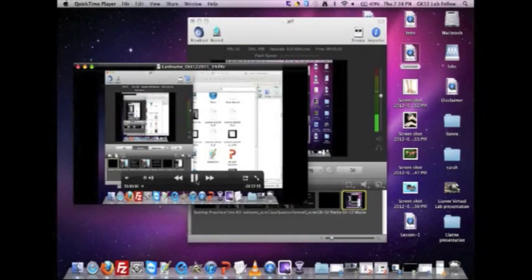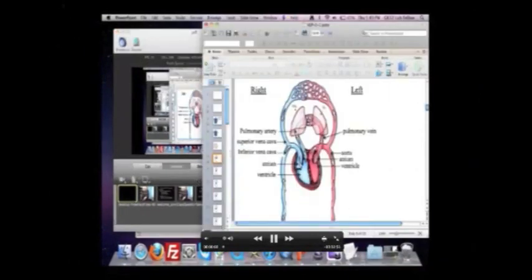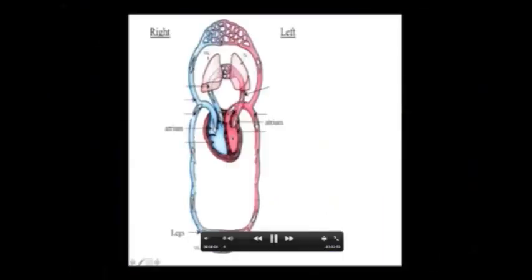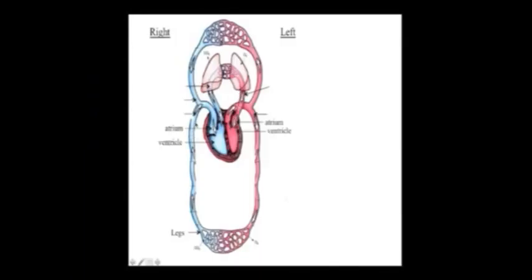There are some similarities between the left and right side of the heart, where both have an upper structure on the top where the blood will enter. These are called the atrium. Next, we have a lower structure that the blood will pass through after it enters each atrium, and these are called the ventricles. So these are similar structures between the left and right side of the heart.